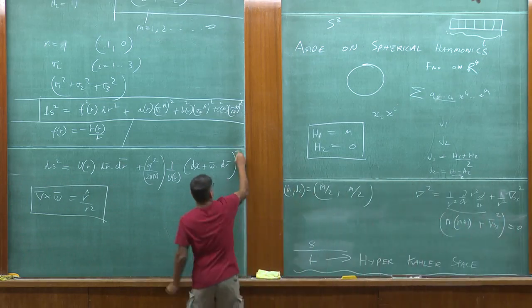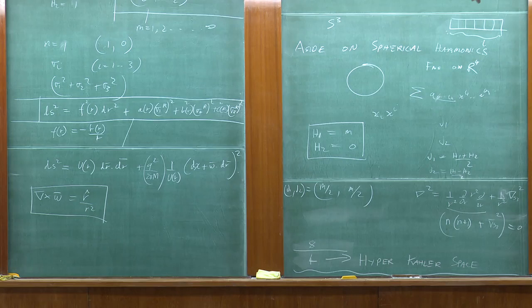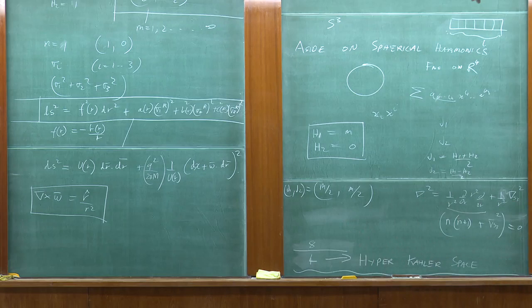Yes, thank you. The solution for the moduli space at infinity reduces to this, in a convenient coordinate system. U of r is some function that goes to 1 at infinity.